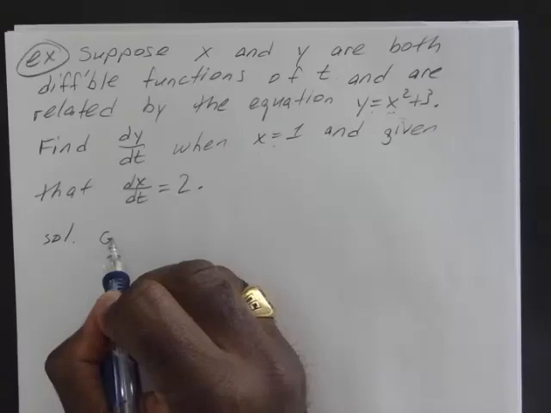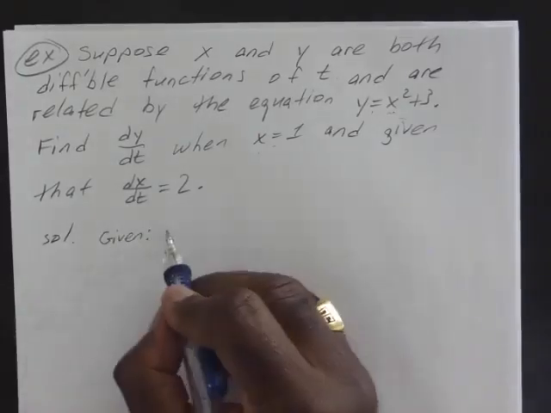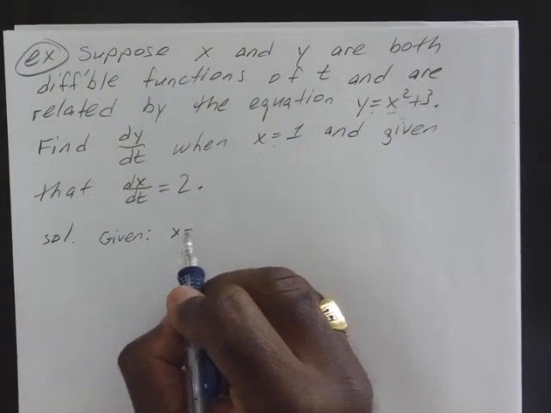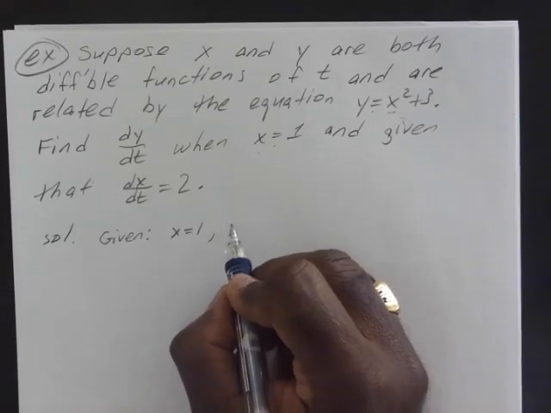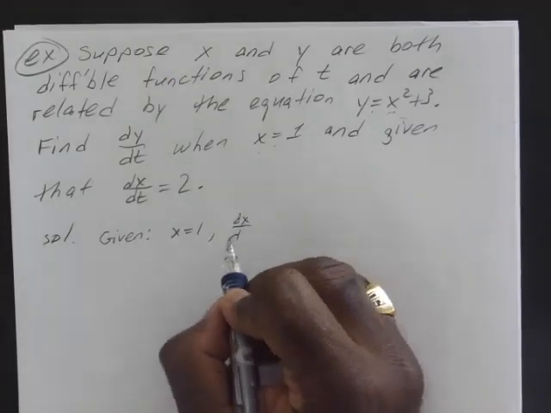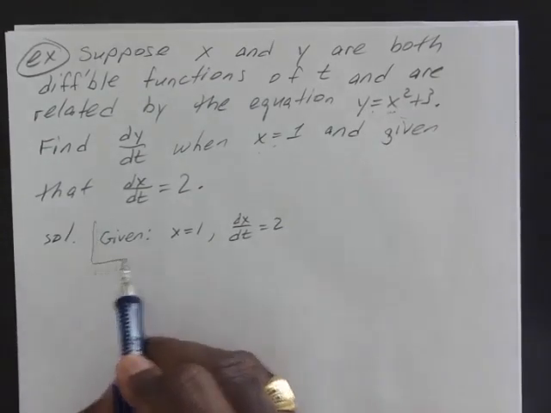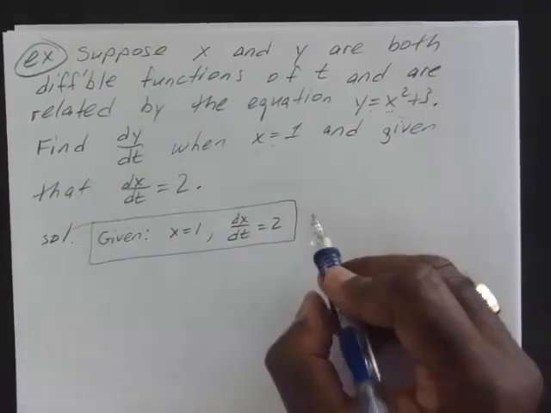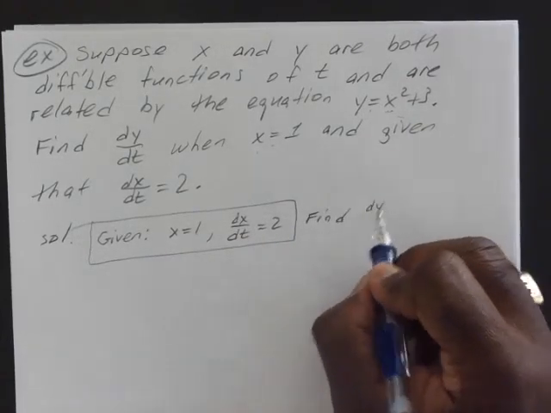Okay, so let's look at everything that was given to us in this problem. Well, we know that x is equal to 1. And we know that dx dt is equal to 2. And we know we want to find dy dt.